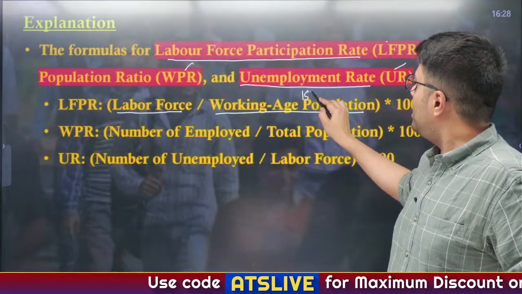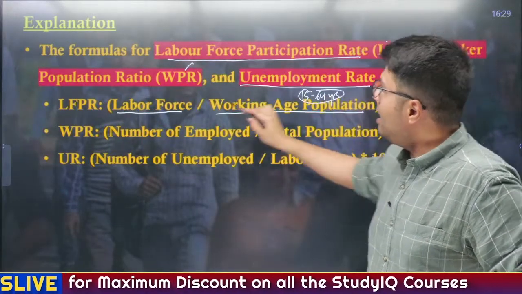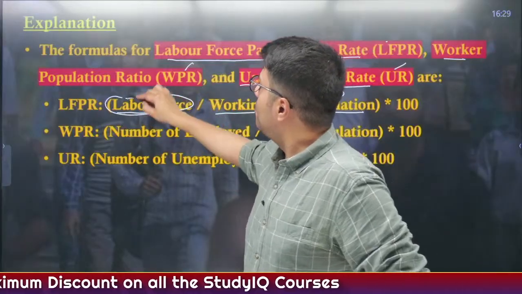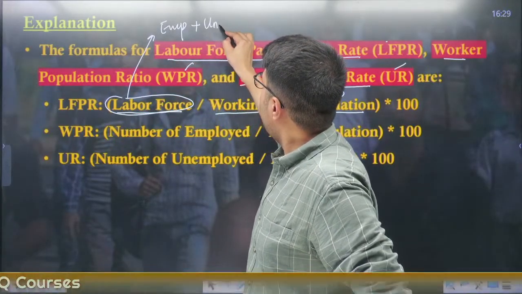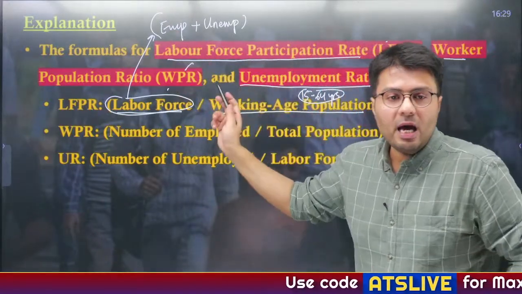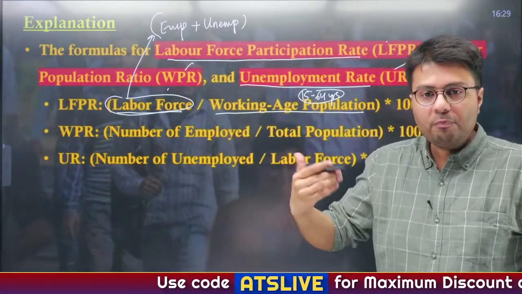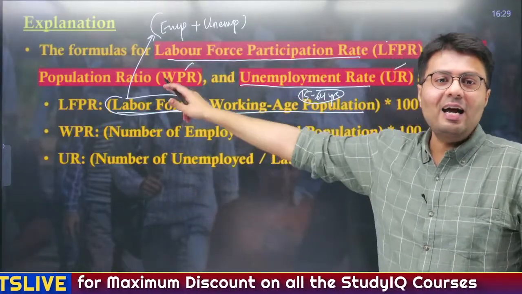Working age population in India is between 15 to 64 years of age. Okay. And labor force means both people who are employed plus people who are not employed. So this constitutes our labor force, and LFPR actually tells you how much amount of people who are in the working age and not preparing for UPSC are actually employed.